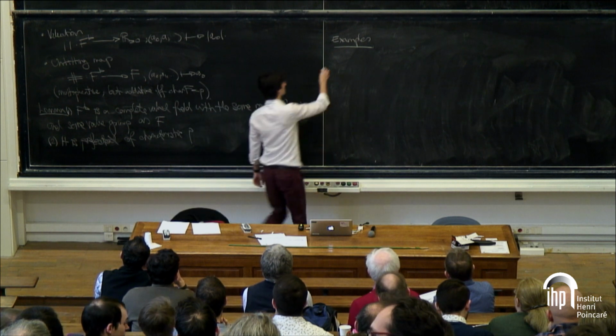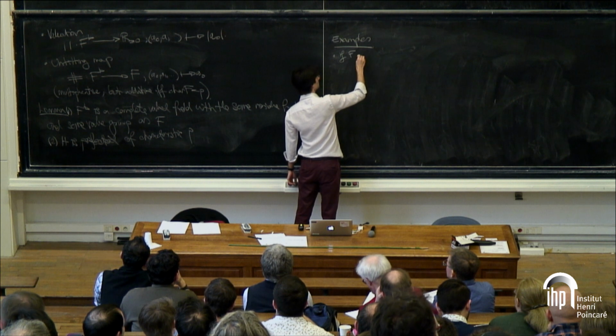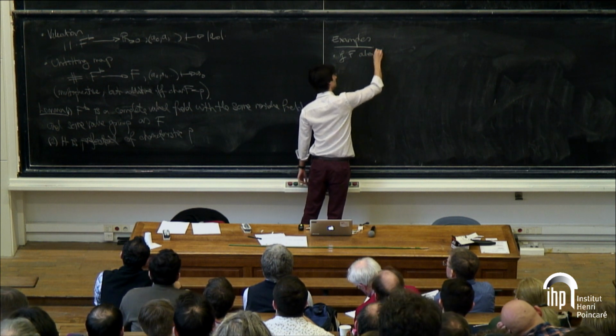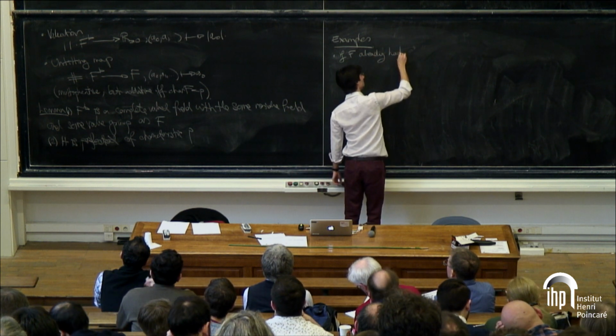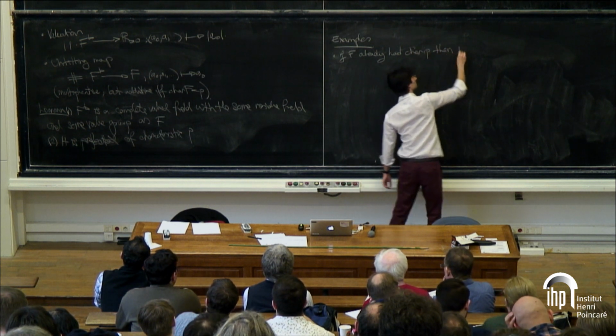So here are a few examples. If we started with a perfectoid of characteristic p, so if F already had characteristic p, then tilting doesn't do anything.